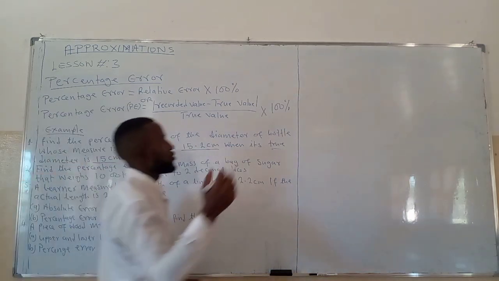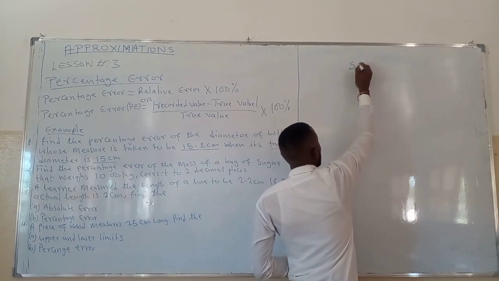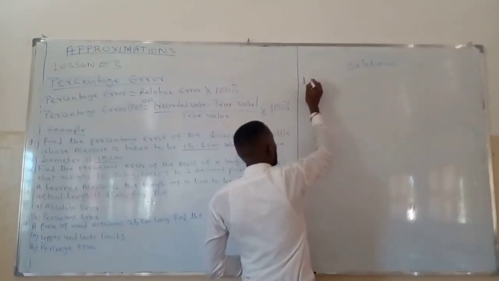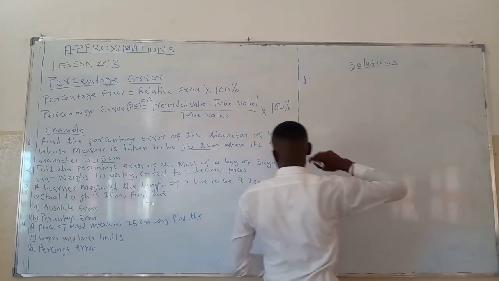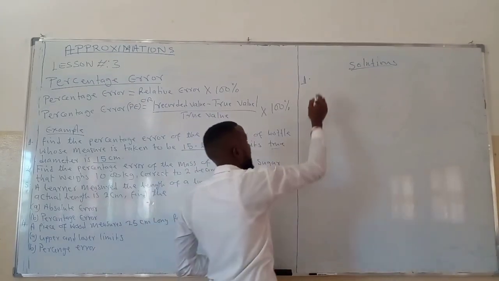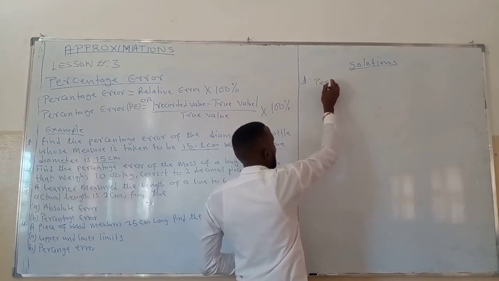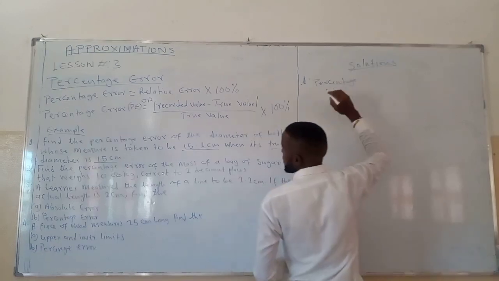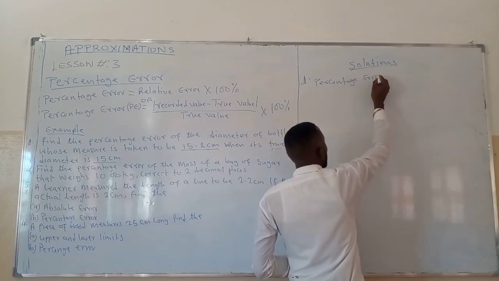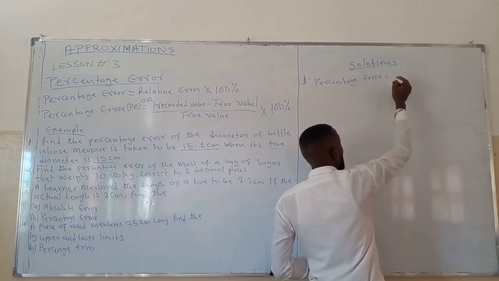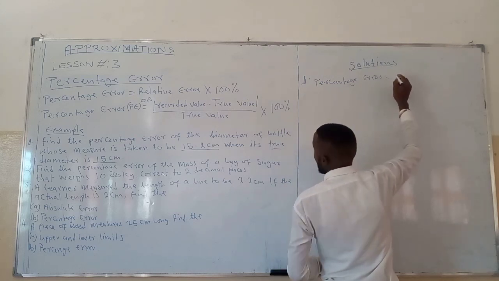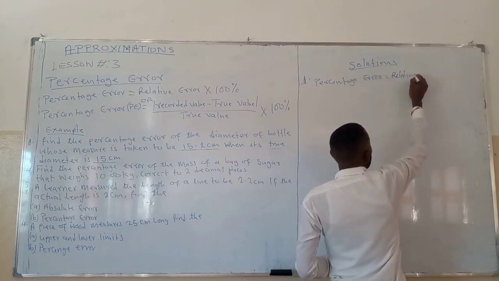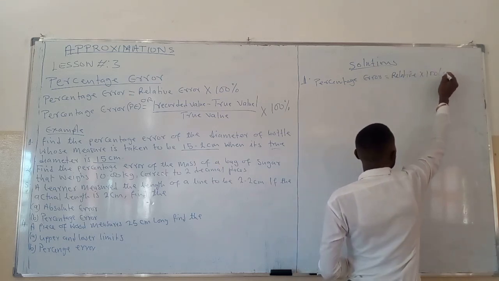So what are we going to do? Let us do the solutions here. Solutions for question number 1. They are simply asking for the percentage error. What is the formula? Percentage error is equal to relative error times 100%.